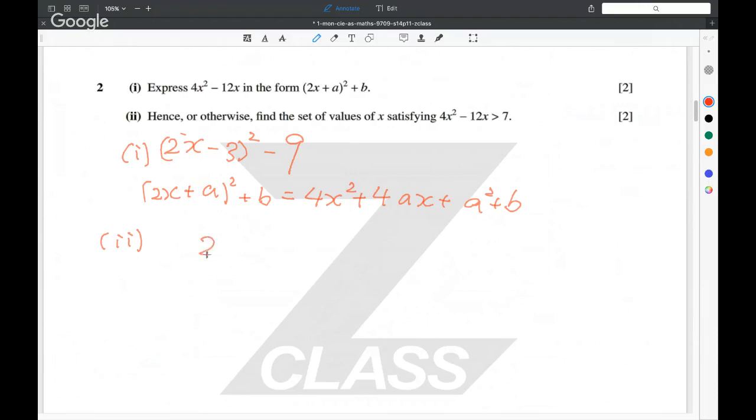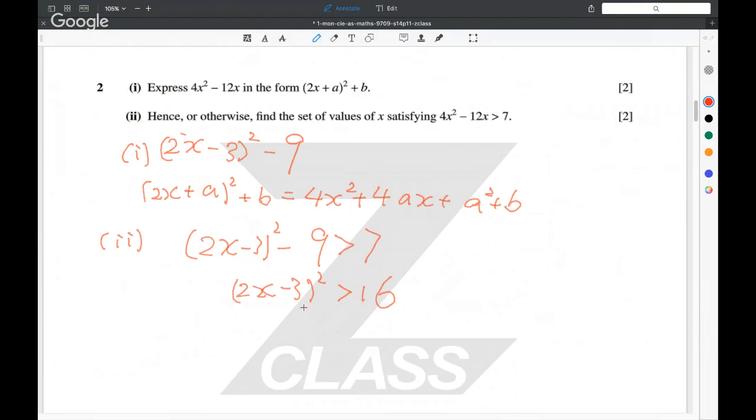So we already know that 2x minus 3 squared minus 9 is equivalent to this expression. And we want this to be greater than 7. So 2x minus 3 all squared is greater than 16.